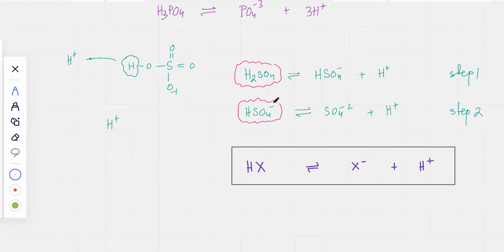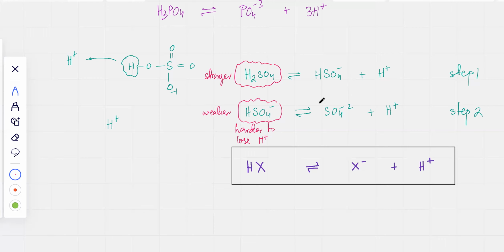So would it attract H plus 1 or lose H plus 1 if it has a negative charge? Something negatively charged will attract. It would be harder to actually lose H plus 1 ions; instead, it would be attracting H plus 1 ions. So this is going to be a weaker acid. The first dissociation is going to be stronger.